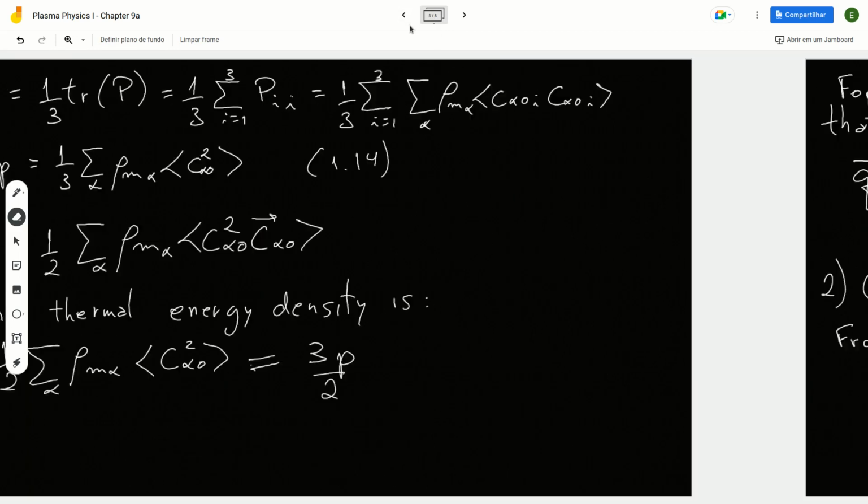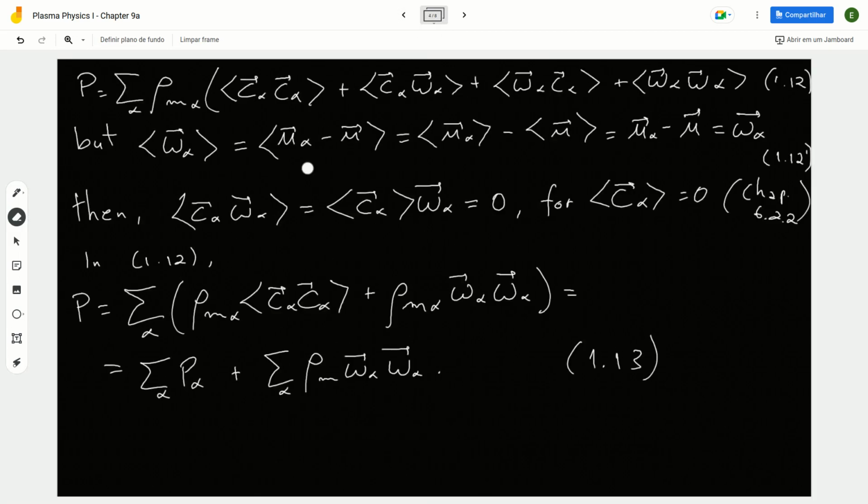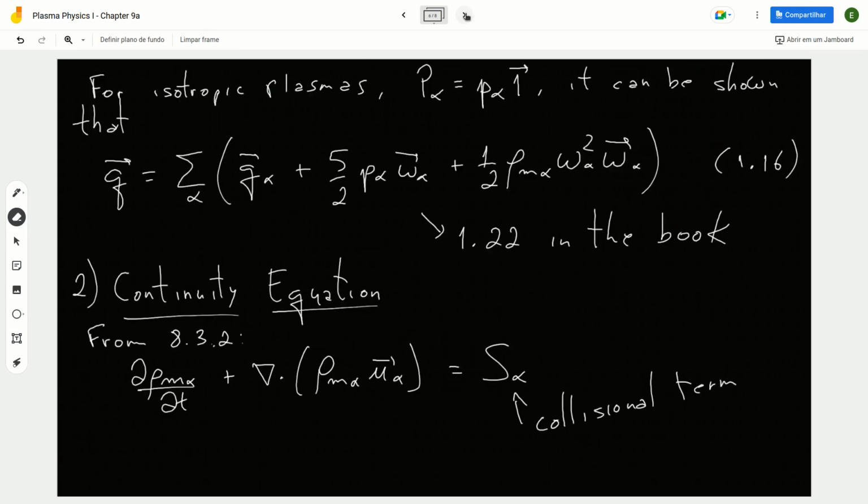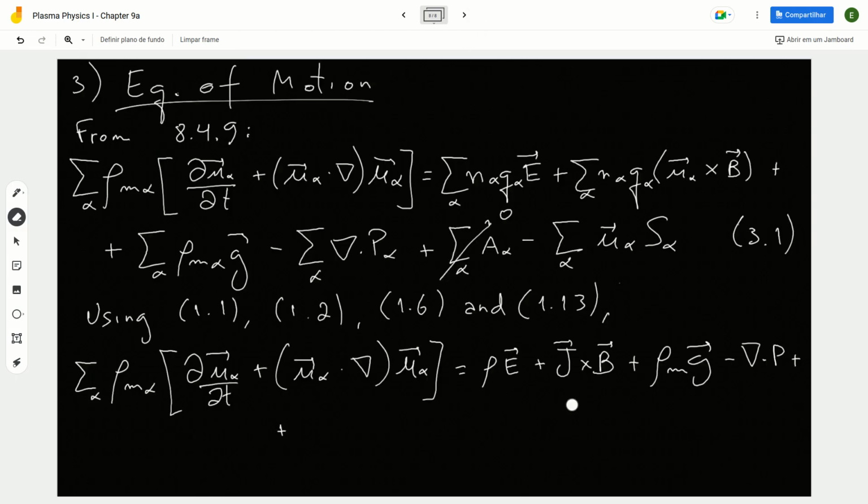What is 1.13? 1.13 here. Okay, P is the sum of P alpha plus this contribution of omega alpha. So this is what I was forgetting to add here. So when I sum this, I get this plus this other term here. Omega alpha minus this.